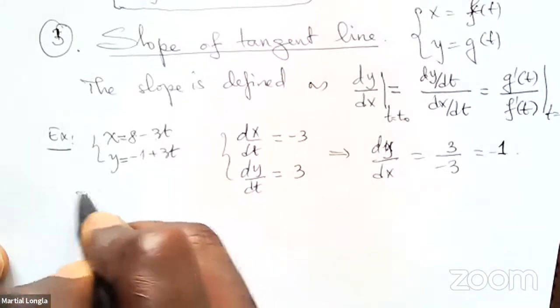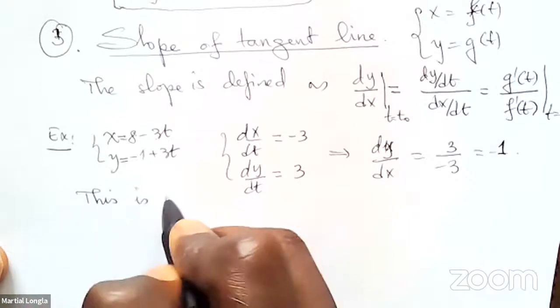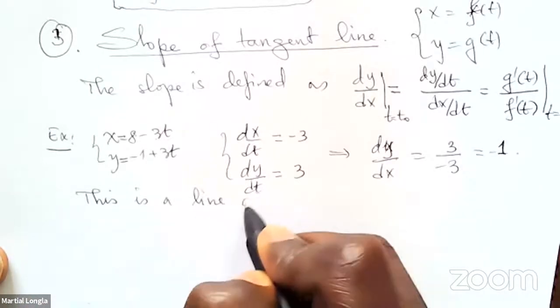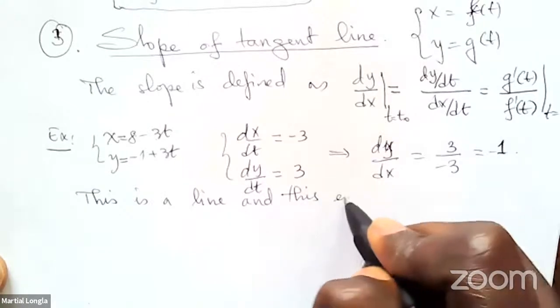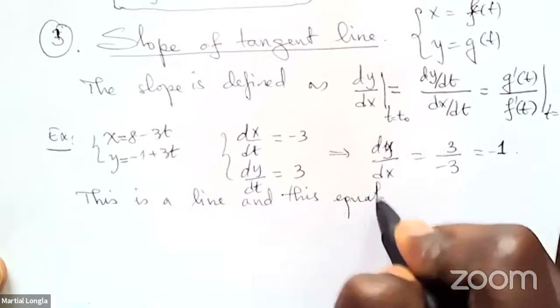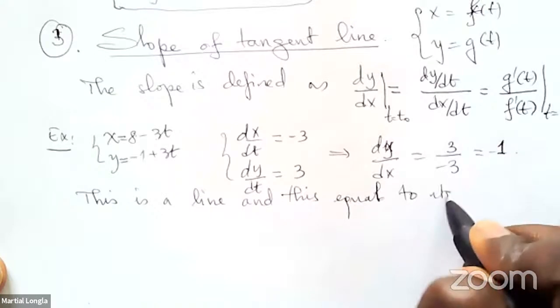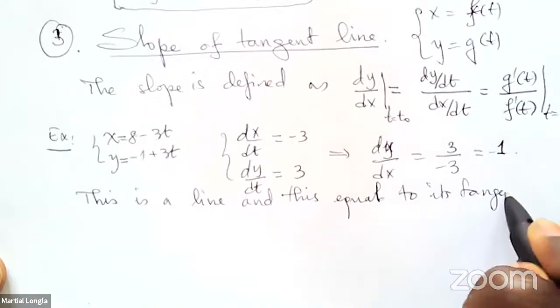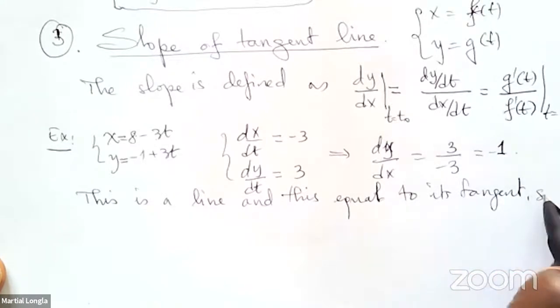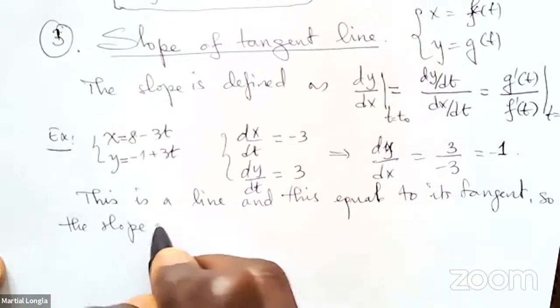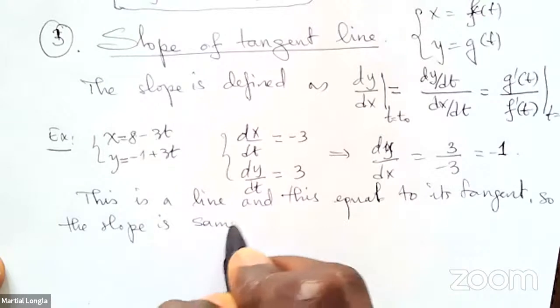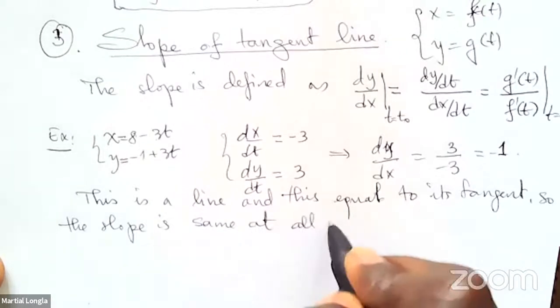So this is a line, and thus equal to its tangent, right? So the slope is the same at all points.